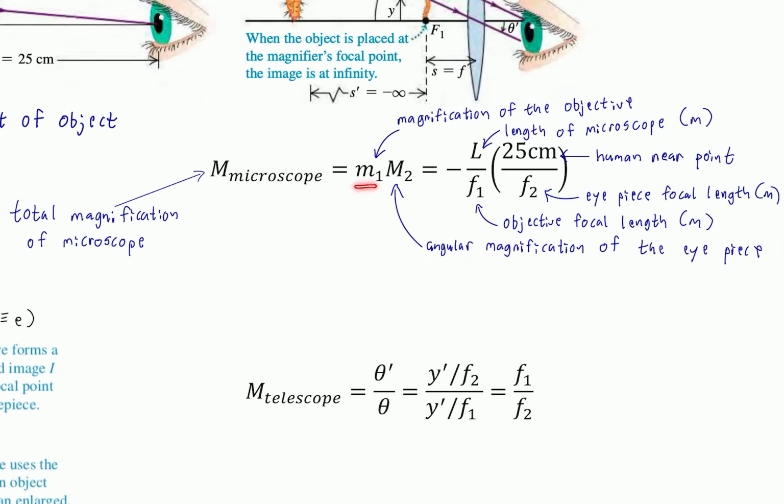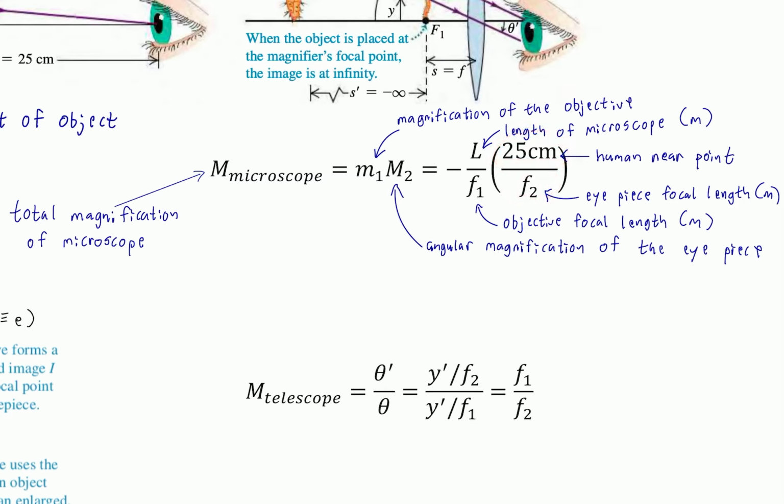So 1 for the lens that encounters the light first, 2 for the lens that encounters light second. 1 for the objective, 2 for the eyepiece, okay? And then it turns out that the magnification for the objective is just going to be negative L over F1, all right? And then the angular magnification for the eyepiece is going to be 25 centimeters over F2.